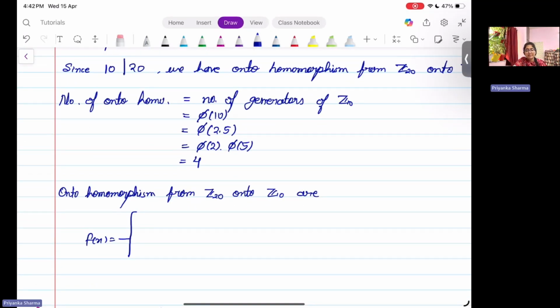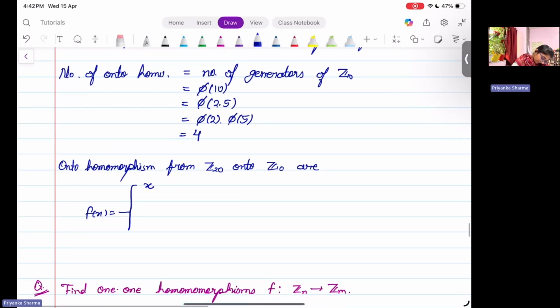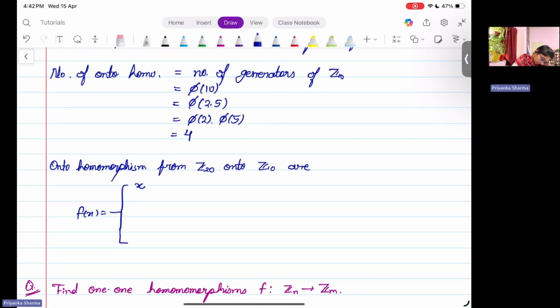Generators of Z10 means elements whose order is 10 in Z10. So we will have 1, that is x, and if 1 is a generator of Z10, then its inverse, which is 10 minus 1, that is 9, so 9x is also an element of order 10 in Z10.